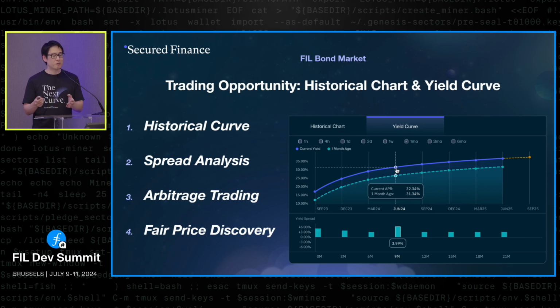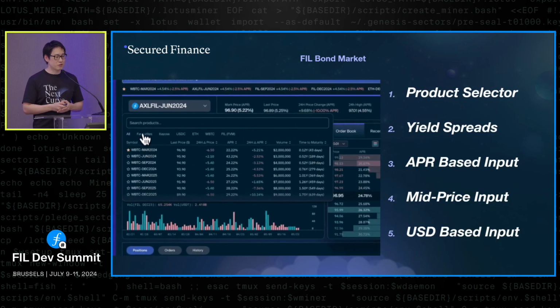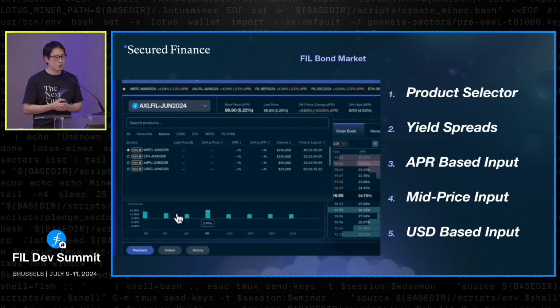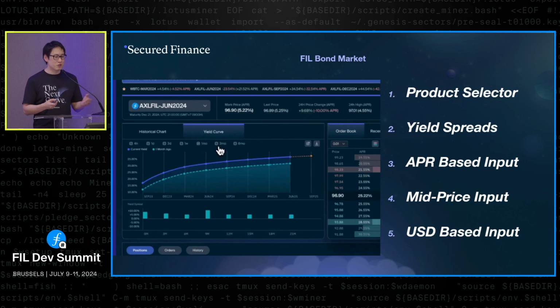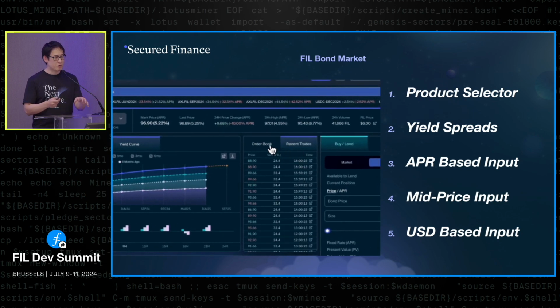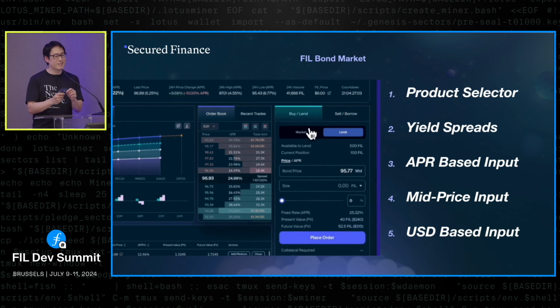And I was inspired by Bloomberg, which interest rate traders are always using. So I'm super excited to see this spread analysis. So just to give you a quick overview of what's coming in our new UI updates: it's easier to select products, yield spread analysis is possible, and a recent trades tab is coming, and also input is made easier.